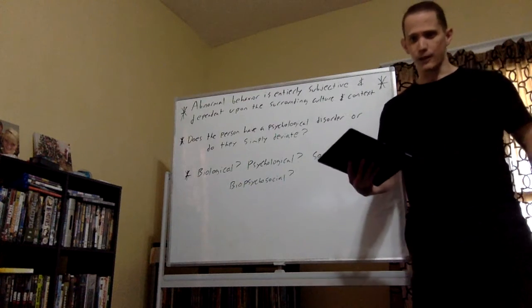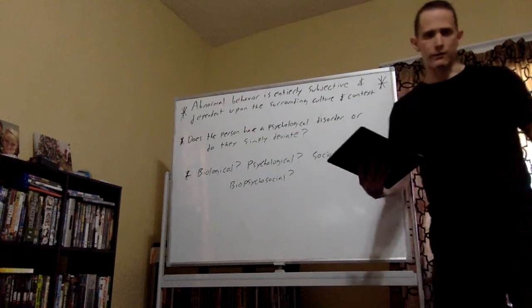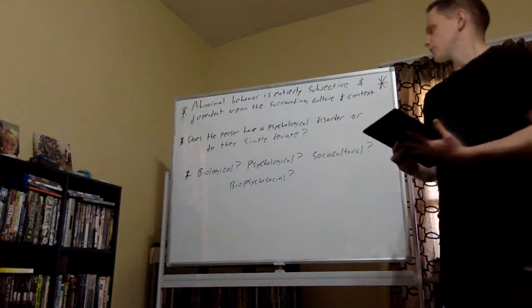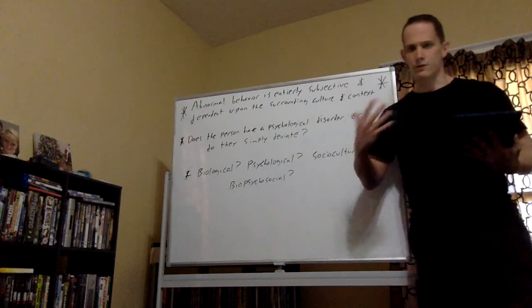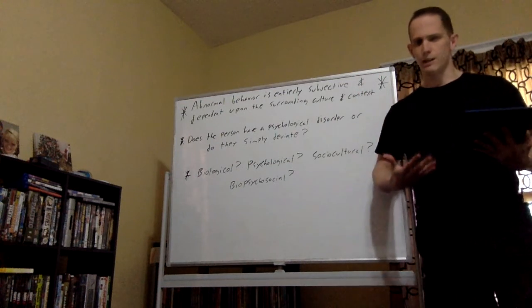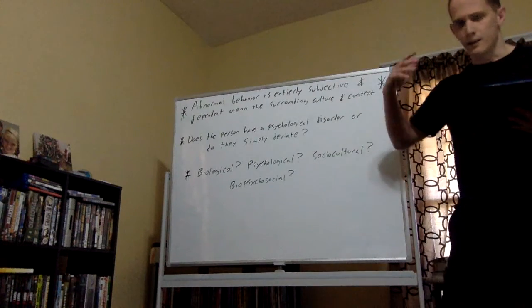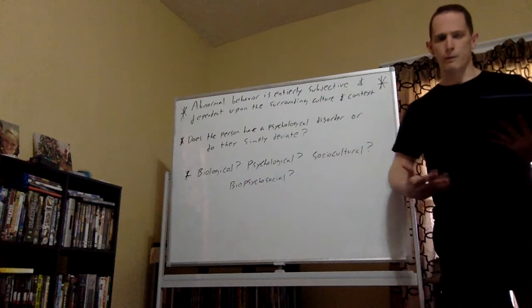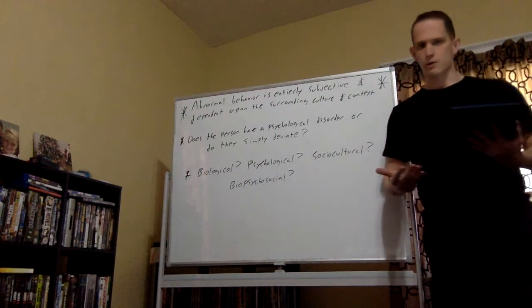People might look at you funny and might shy away from you, but you're not going to be arrested for doing so. So once again, does the person have a psychological disorder, or do they simply deviate? We have to keep that in mind, especially when we're talking about human beings, because people have all different backgrounds, environments, cultures, countries, whatever it may be. We have to take that into consideration when we're trying to make our determinations.